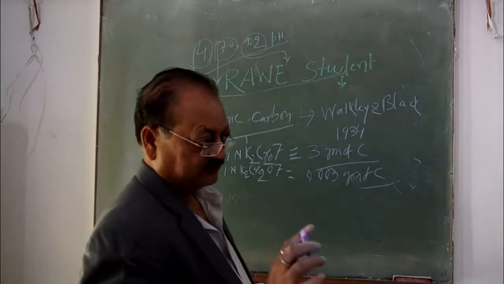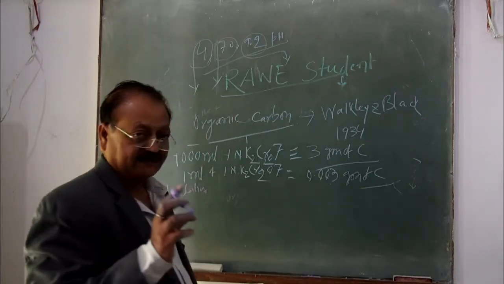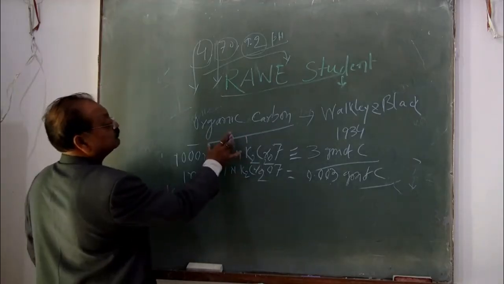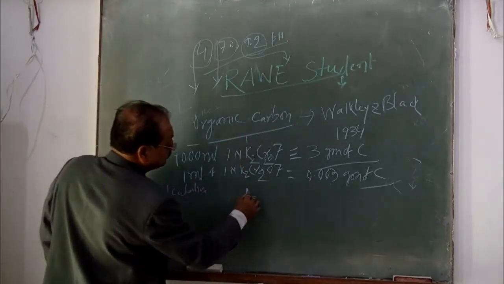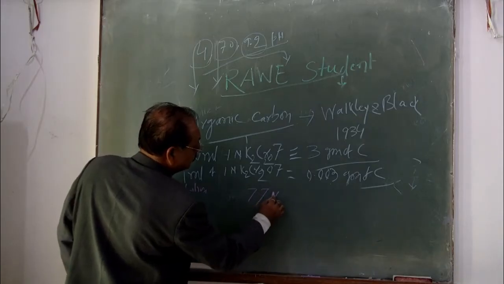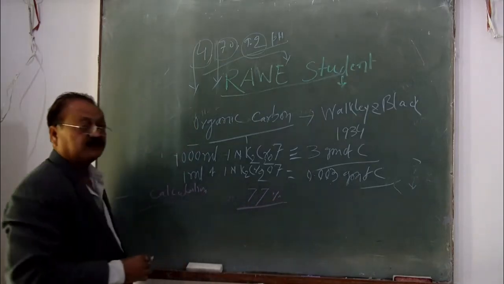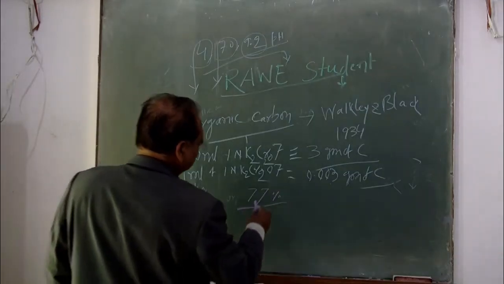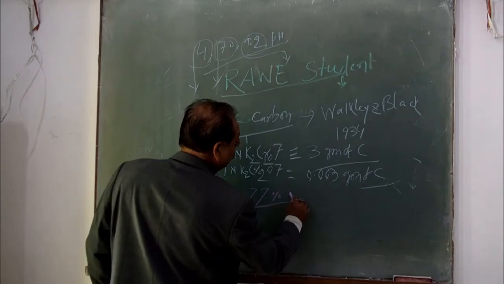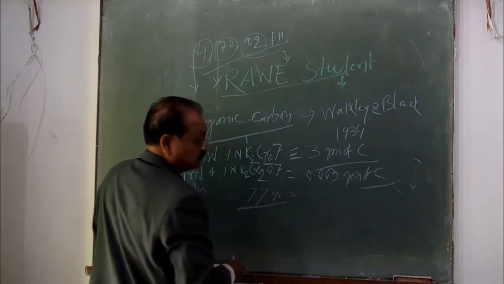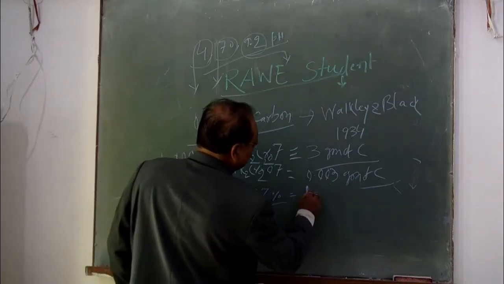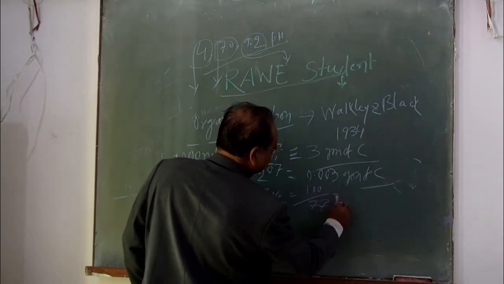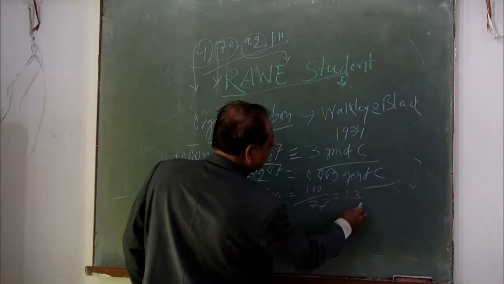It has been observed with the help of this Walkley-Black method that only 77% carbon will be recovered from the soils. So what will be the factor? 100 divided by 77 is equal to 1.3.